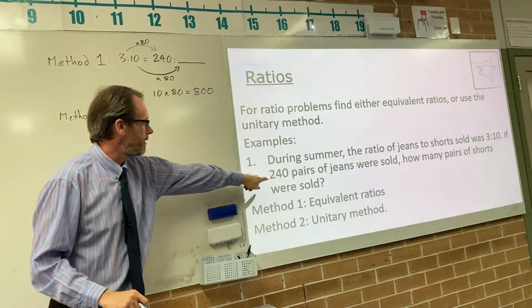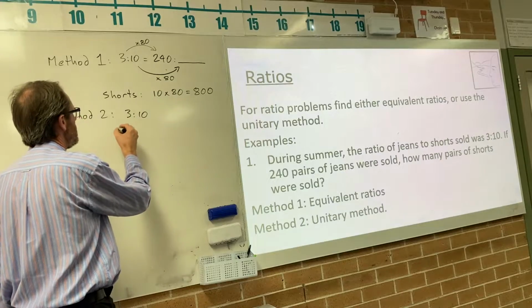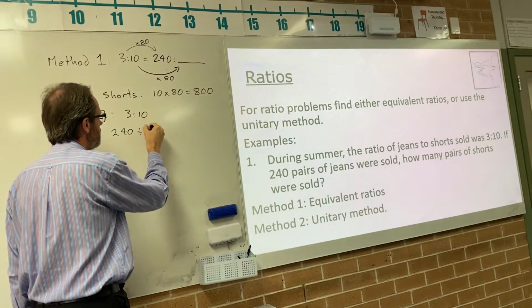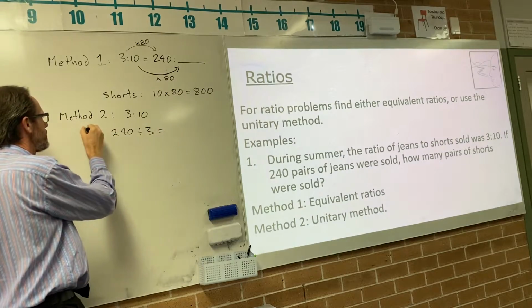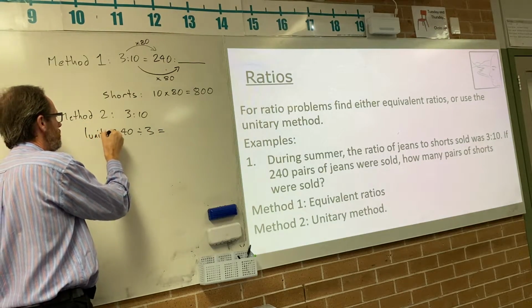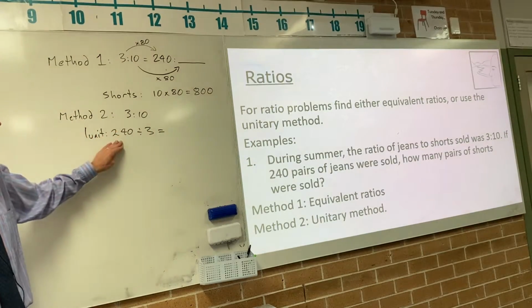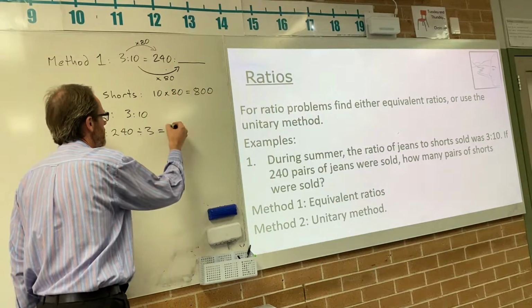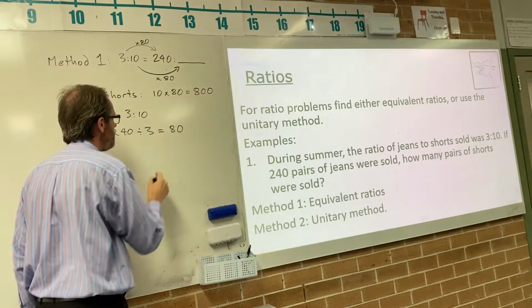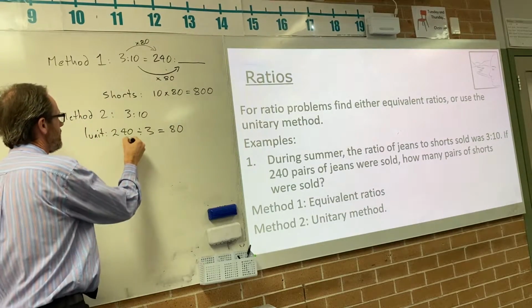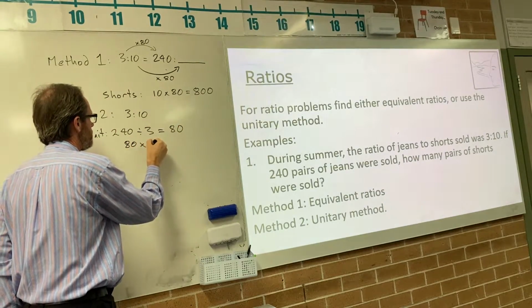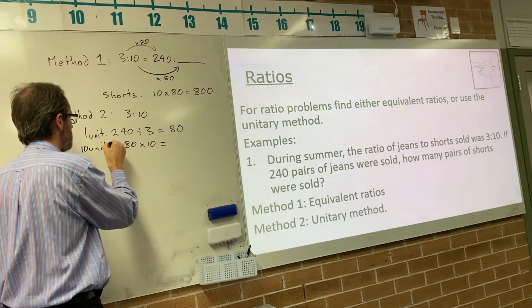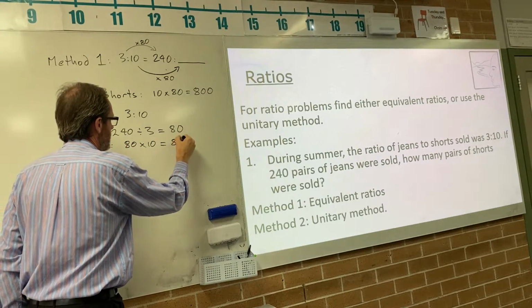So the maths that we use for this one is 240 divided by 3, because that gets us 1 unit. So you do 240 divided by 3, and as we discovered earlier, that was 80. Then 80 times 10, because you want 10 units, which gives us 800.